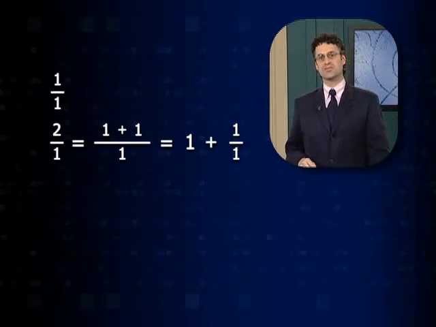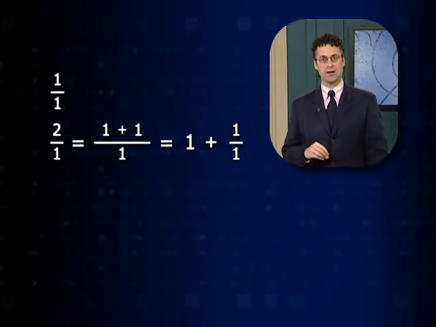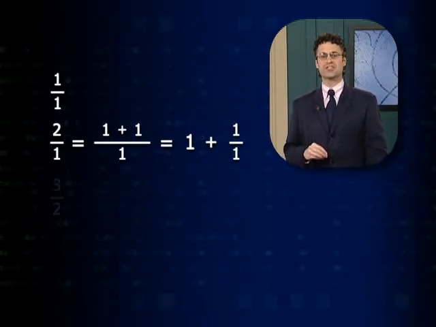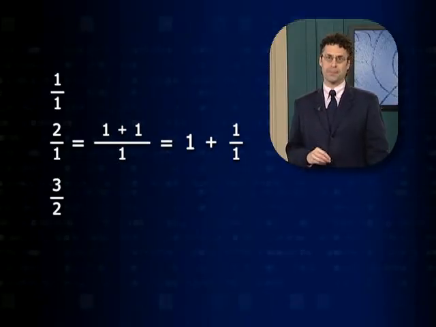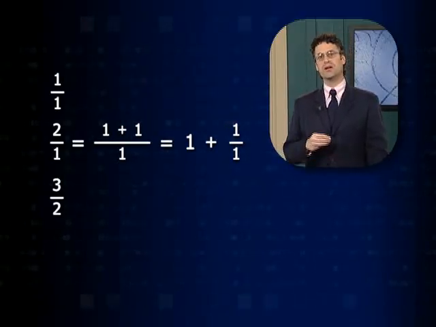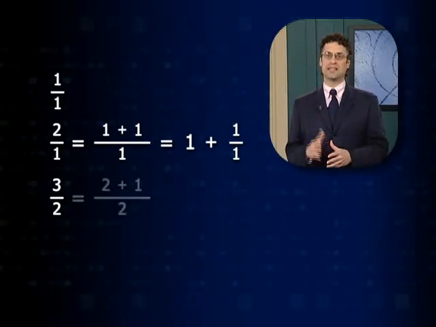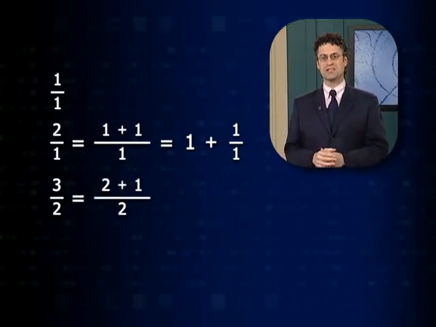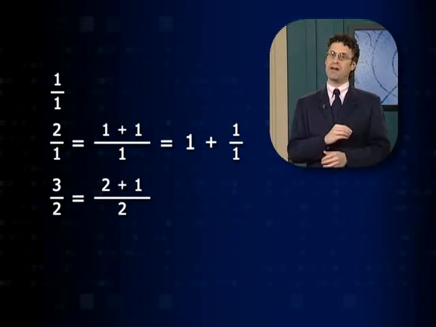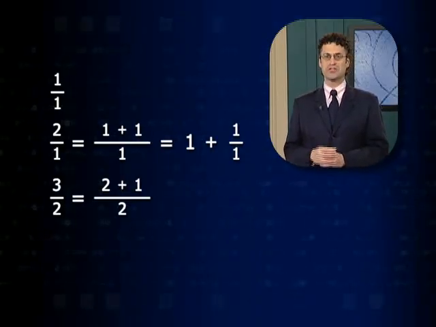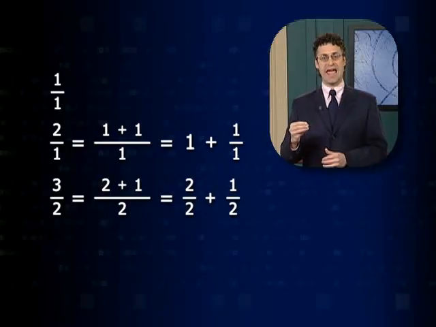But I want us to write it this way because I'm searching for a pattern. Now let's consider the next ratio, 3 over 2. Again, I'm going to apply my rule of writing how 3 was born. 3 was born by taking 2 and adding 1 to it. So 3 equals 2 plus 1, and we're dividing that all by 2. So we see 2 over 2 plus 1/2.